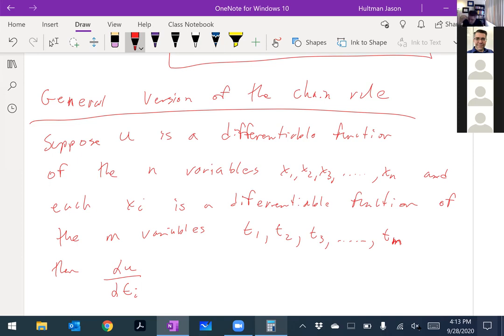Maybe this is your s, and maybe this is your t, and maybe this is your w, or maybe your r, or whatever. That's what it's saying here. We're saying du ds, du dt, du dw, du dr. How do we find any of those?